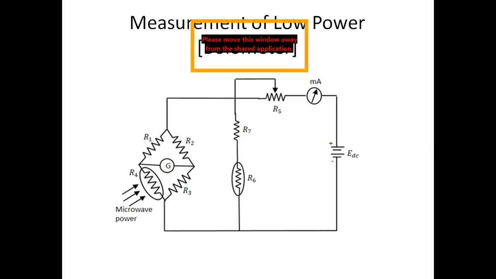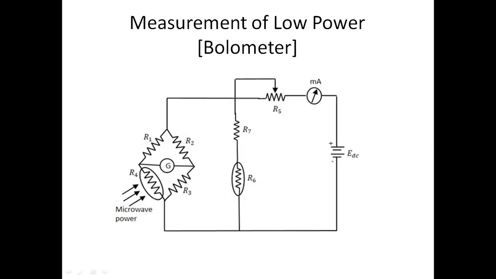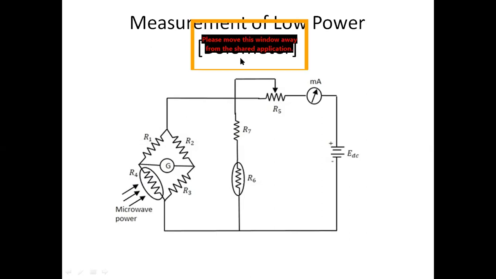Before the microwave power gets hit into this device, the bridge is balanced. Once we input a microwave power into the circuit, our bridge gets unbalanced. That unbalanced current is measured using this ammeter, and from that current we can easily measure the input power. This is how we will measure the low power.